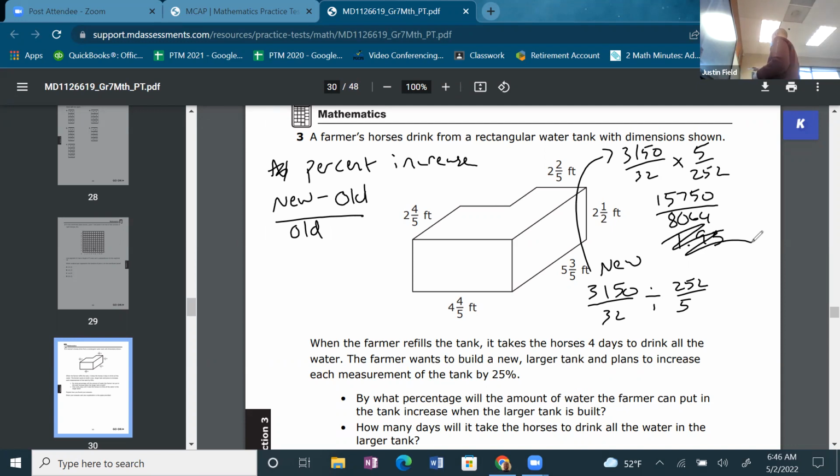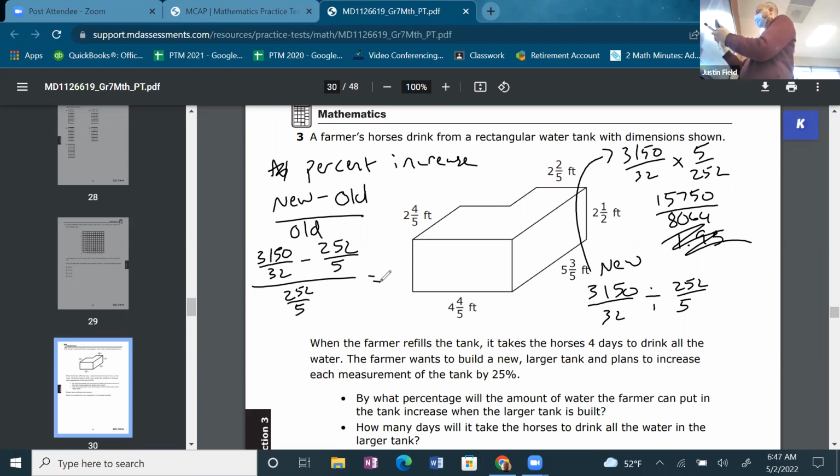Okay, so new is 3150 over 32 minus old, 252 over 5, divided by 252 over 5. That's 98.43 minus 252.